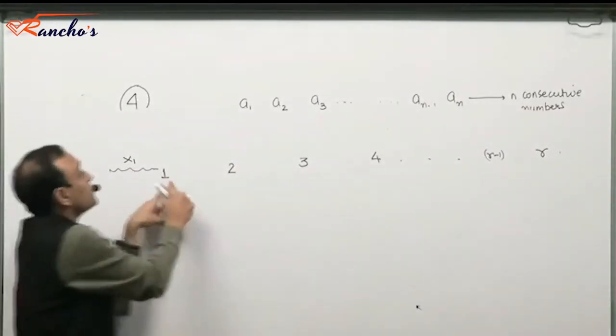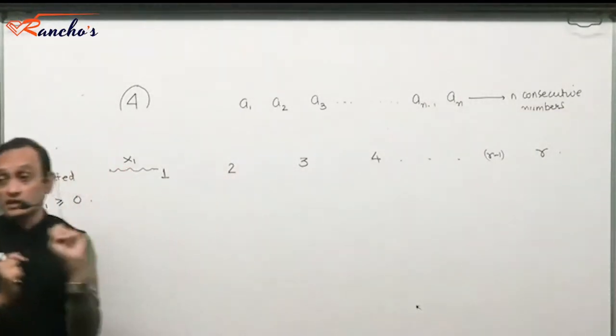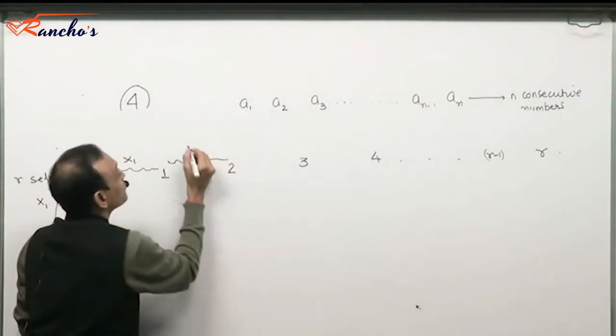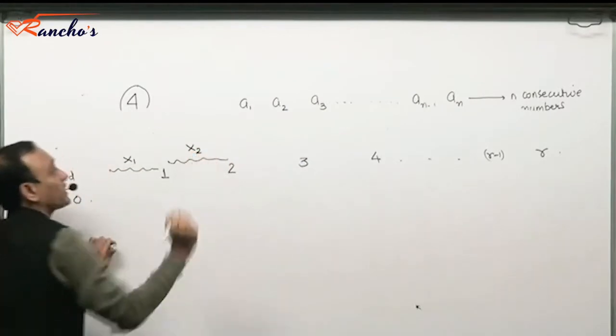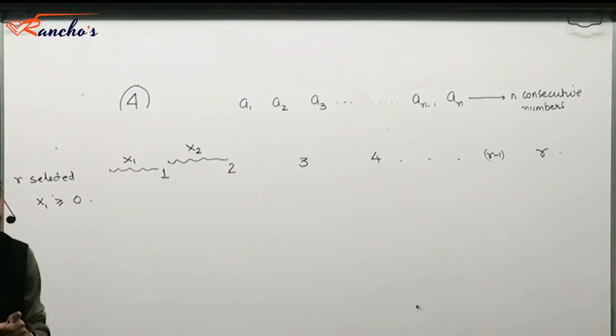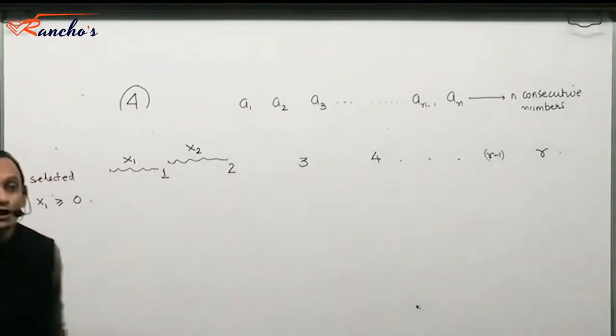Now, between the first number selected and the second number selected, suppose there are x2 numbers. Now, x2 can't be 0, because otherwise 1 and 2 would become consecutive.